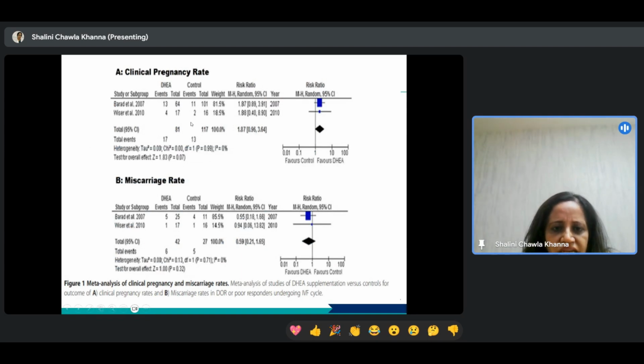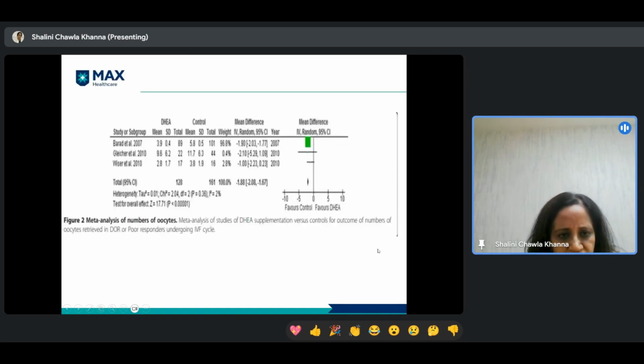This was again the clinical pregnancy rate and the miscarriage rate. So we see that the clinical pregnancy rate did not increase, and the miscarriage rate also increased in the DHEA group. Now I'll just give you the explanation why it is like this. Once you are giving the DHEA, the hyperandrogenic content rises because the testosterone also rises.